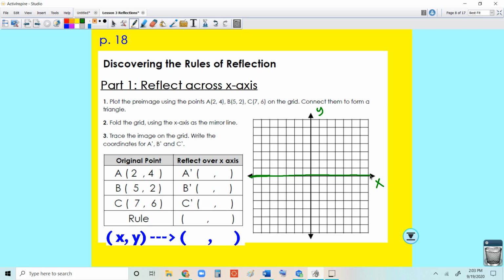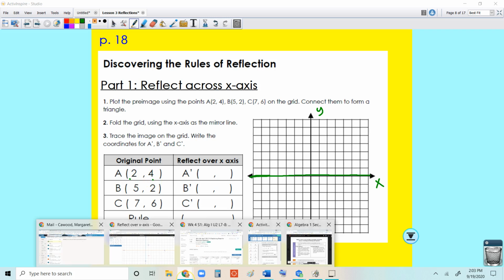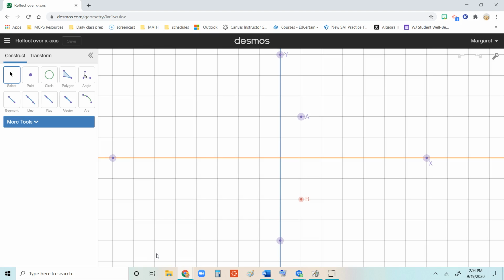Another resource we're going to provide for you is this activity. So the first point is 2, 4. This is reflecting over the x-axis, and you could put your point at 2, 4, and then this is the reflection.